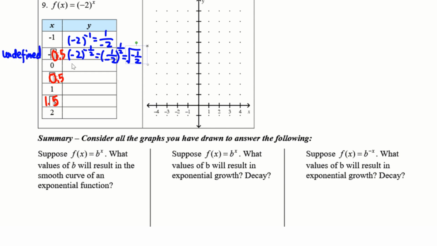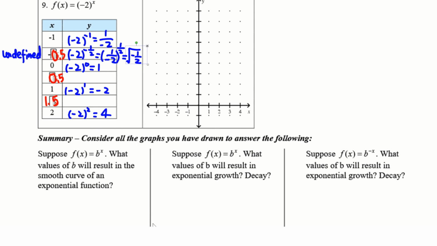And negative 2 to the exponent 0 gives you 1. Negative 2 to the exponent 1 gives you negative 2. Negative 2 to the exponent 2 gives you positive 4. So they are nice numbers, but what if it is 1 over 2?